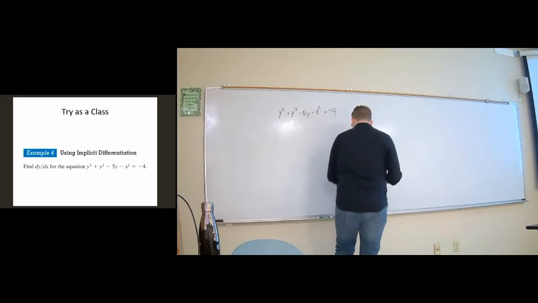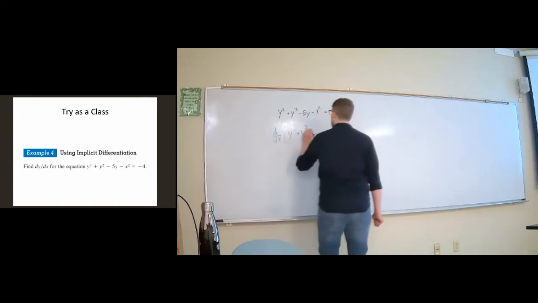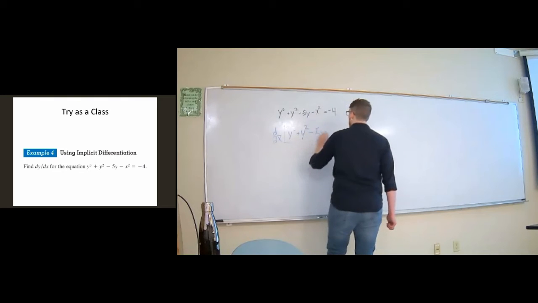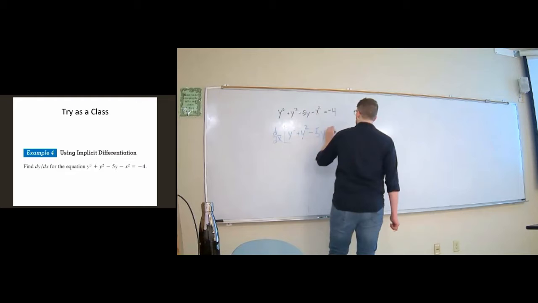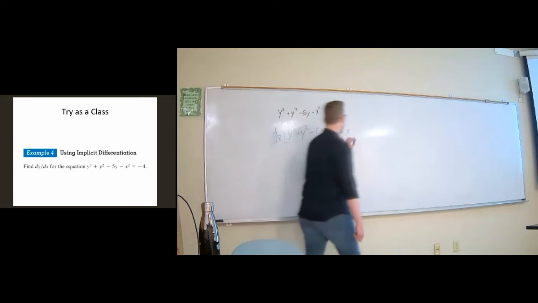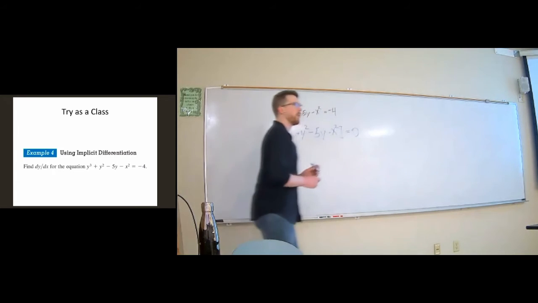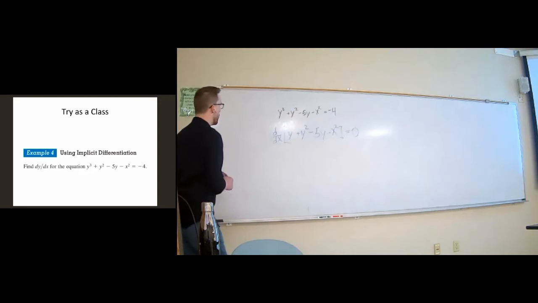So the first thing we want to do is apply the derivative to both sides. d/dx of y cubed plus y squared minus 5y minus x squared is equal to the derivative of a constant. That's just 0. So let's go straight to 0.